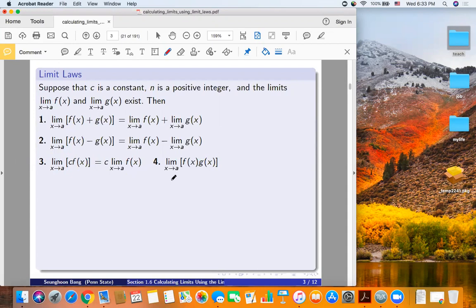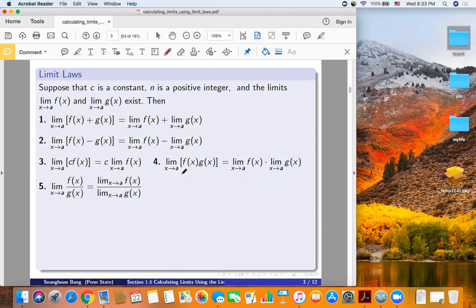Fourth law, the limit of f of x times g of x. Similarly, you can distribute the limit to the first function and second function, exactly the product of the two limit values. The fifth one, the limit of f of x over g of x.